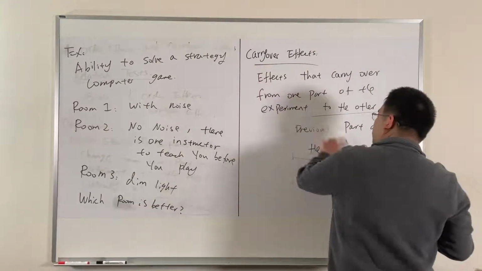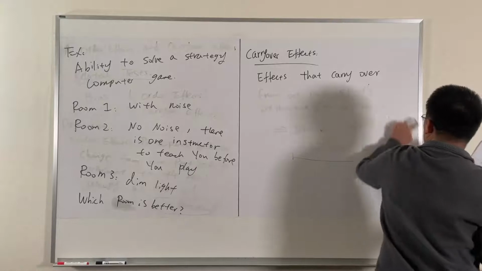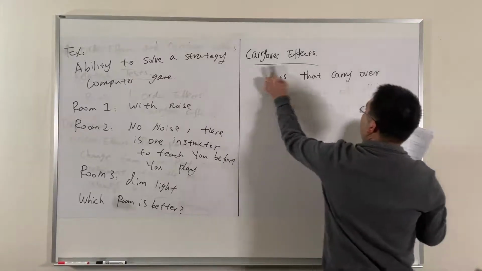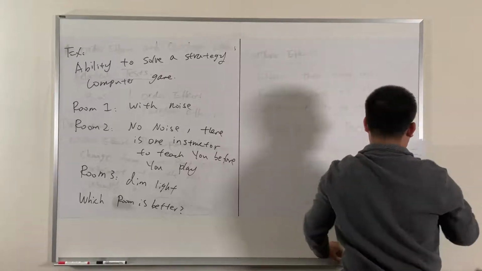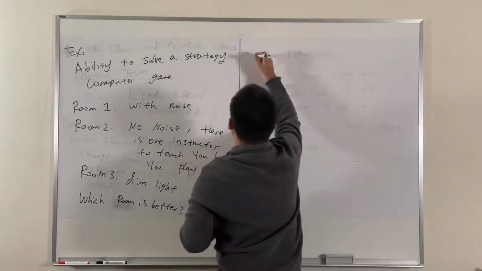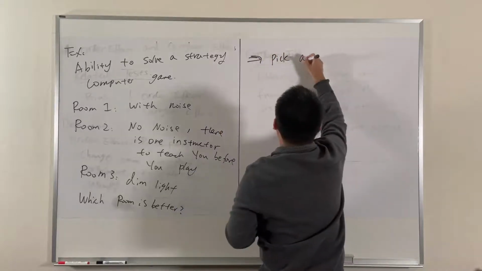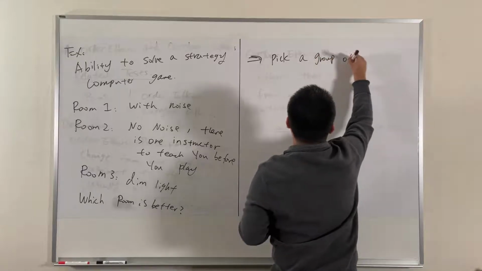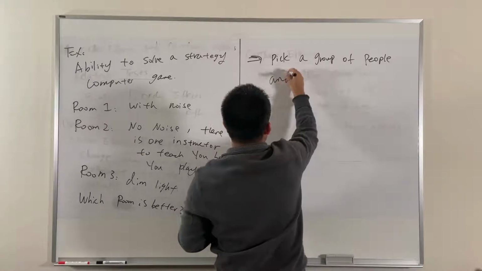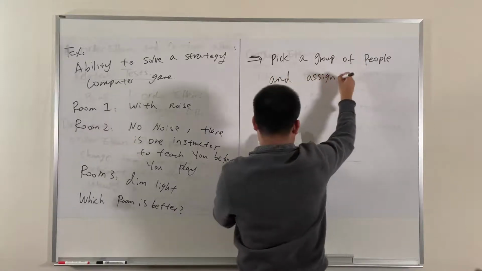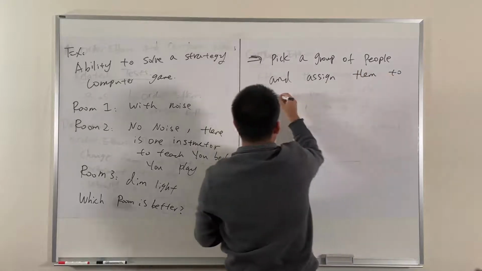So how are we going to do this? Again, we're doing a related test, with the same group of people, the same sample. So the way we do this is we're going to pick a group of people and assign them to each room.